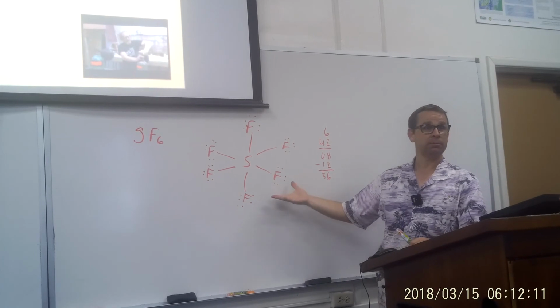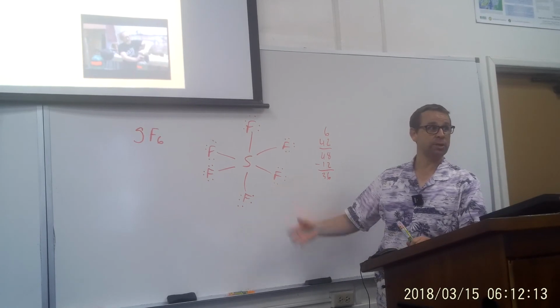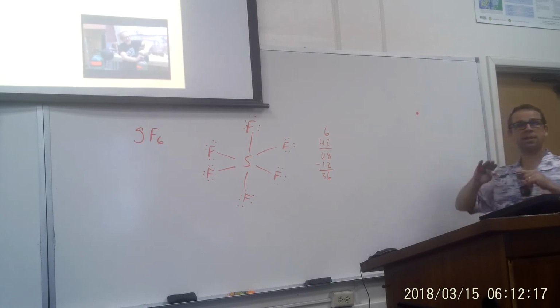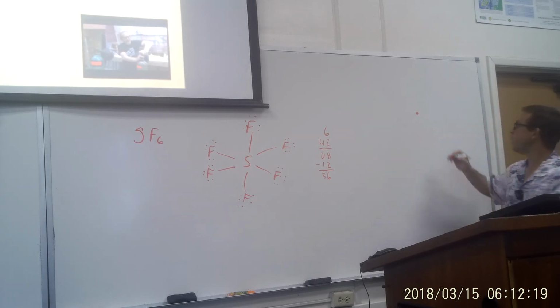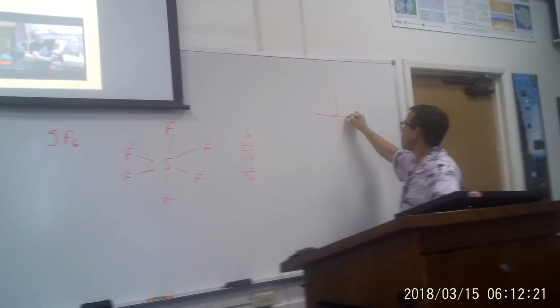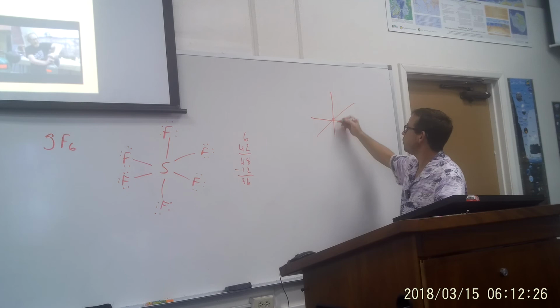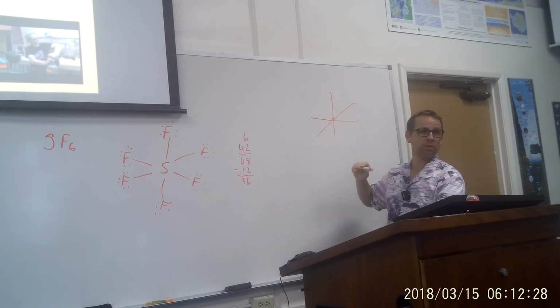Now the shape of this thing, 6 regions of electron density. What would happen if I had a central thing with 6 regions of electron density? Well, it would be like a coordinate axis, because there's 1, 2, 3, 4, 5, 6 regions around a central atom. Can you guys see that?